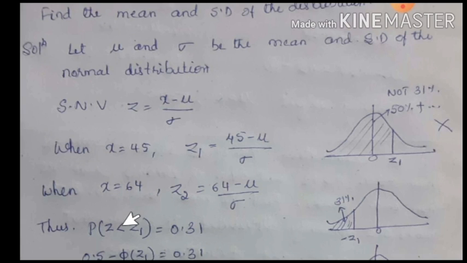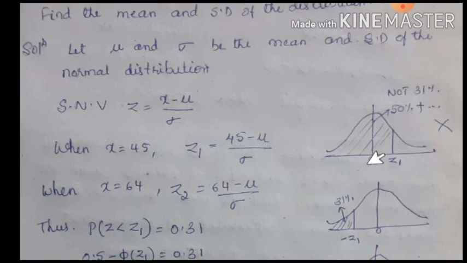It should be less than, which means the left side of the line of z1. Is this area 31%? No, obviously it is not. It is an area of 50% plus something extra. So I can't mark the z1 line on the right side of the z equal to 0 line.